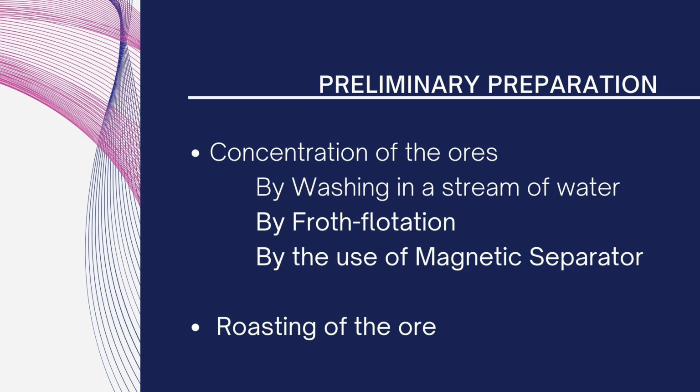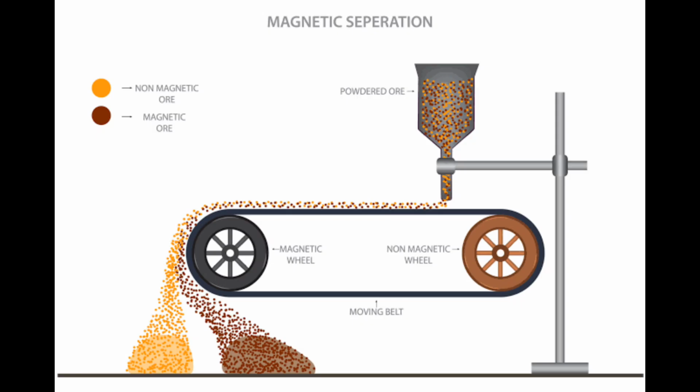And lastly, you can also use the magnetic separator to concentrate an ore. So now when it comes to magnetic separator, it means that when you get a particular ore, the pure ore will be that kind of ore that has high magnetic property.